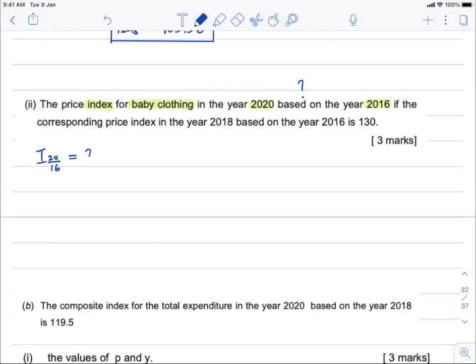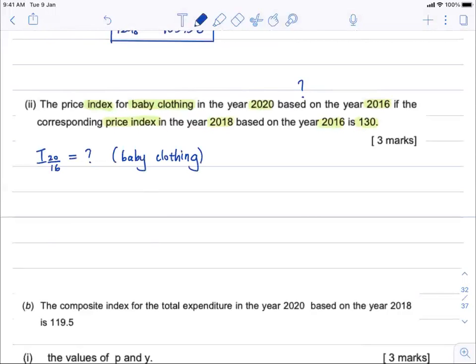It asks us what is for baby clothing. Then it also gives us extra information. It tells us the price index in year 2018 based on year 2016 is 130.